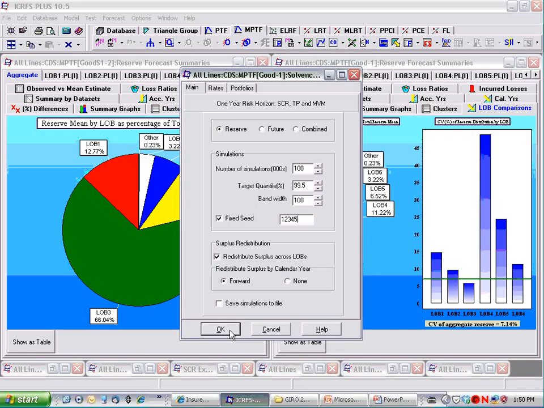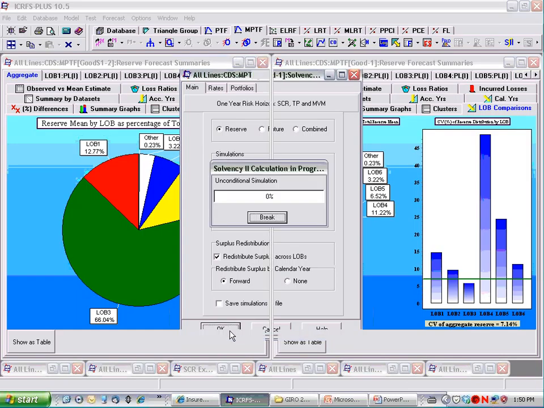Every triangle has 410 cells. So we're simulating from all these correlated lognormals, and we're going to do that 200,000 times. So we're doing about 492 million simulations from correlated lognormals.